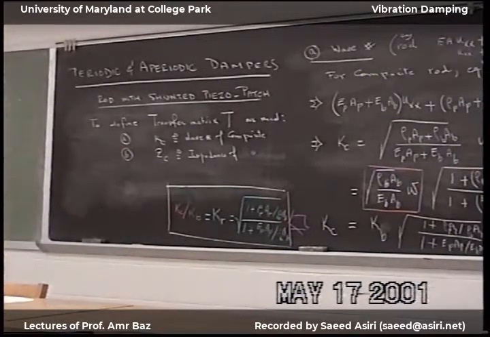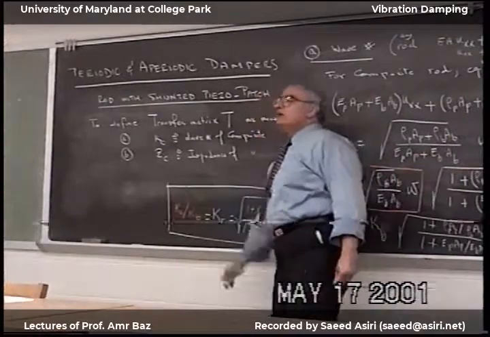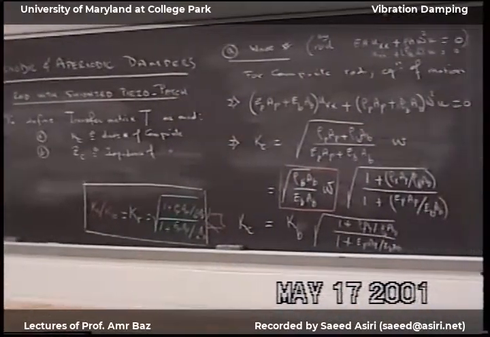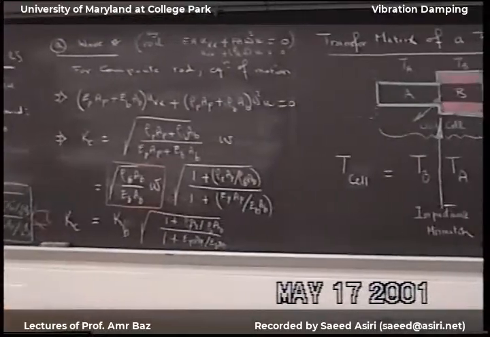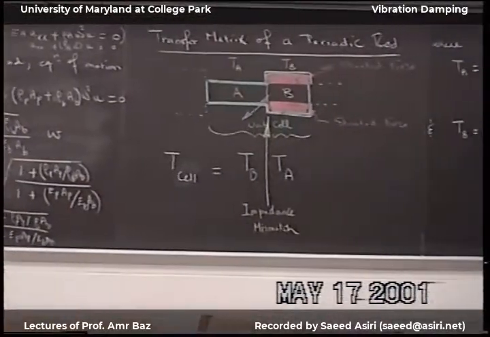Now I have to account for the piezoelectric stiffness and density, and when we do this, the wave number in this section changes to K sub C. So for example, I have section A, and this wave number corresponds to K rod.